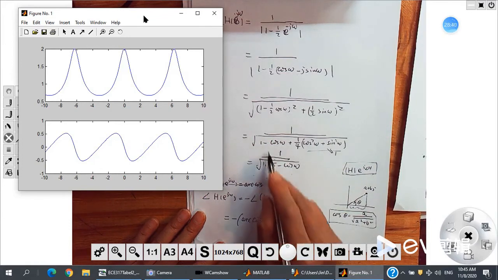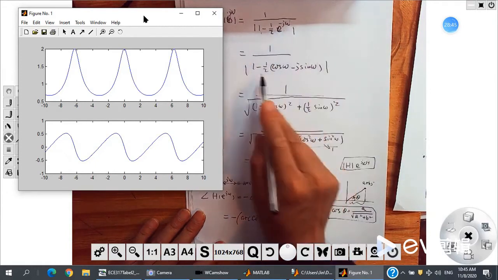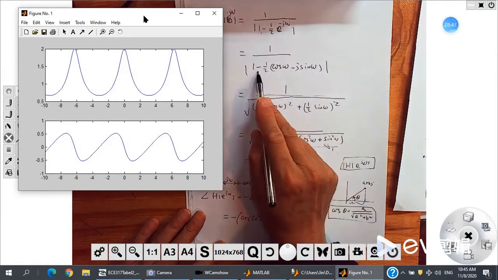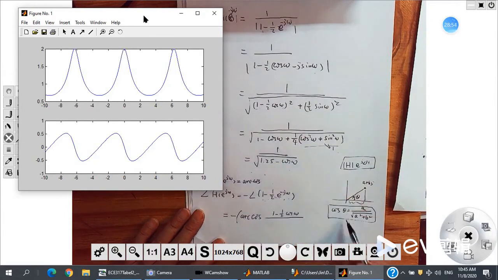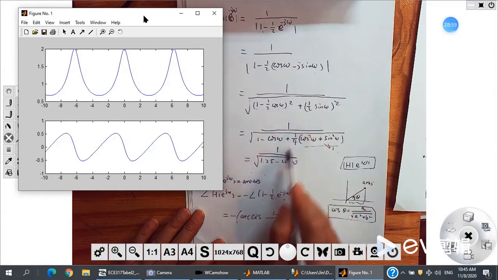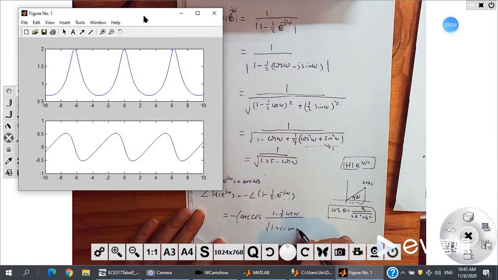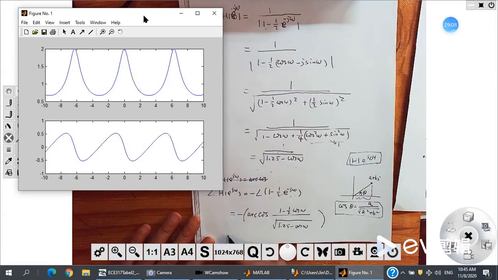The real part we know is 1 minus 1/2 cosine omega, then divided by the magnitude. Magnitude is just this one, so it is 1.25 minus cosine omega. So as a formula, it's a very complex one, but we can have it.